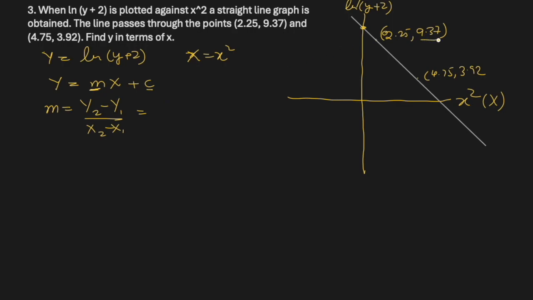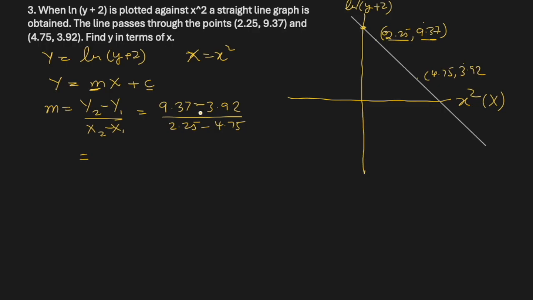Let's say this is y2, 9.37. We can take any one as y2, but I'm thinking that this is y2 and this will be y1, 3.92. Divide by x2, which is 2.25 minus 4.75. Use your calculator to find this.